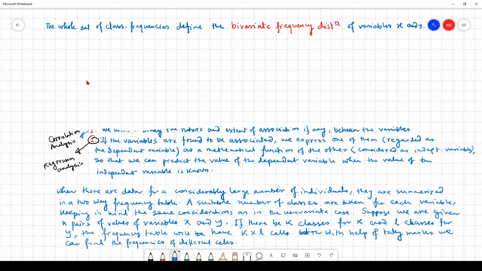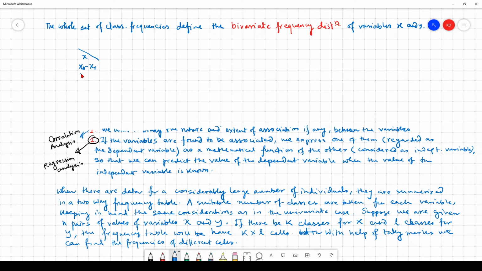Suppose I consider three classes of x variable. The first class is x0 to x1, where x0 is the lower boundary and x1 is the upper boundary of this class.